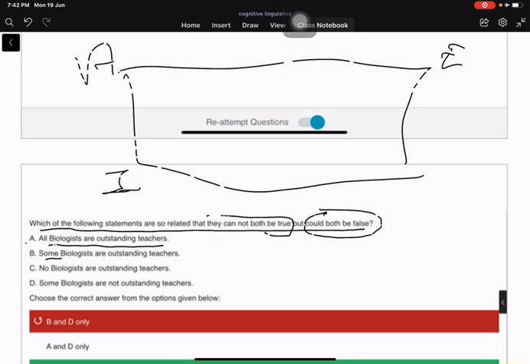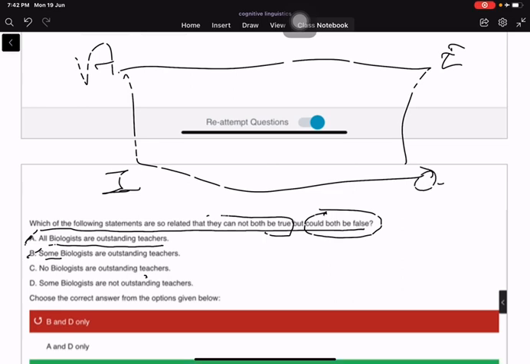So all biologists are outstanding teachers. Some biologists are outstanding teachers. No biologists are outstanding teachers. Which of the following are so related that they could not both be true, but both could be false? So this is going to be false.